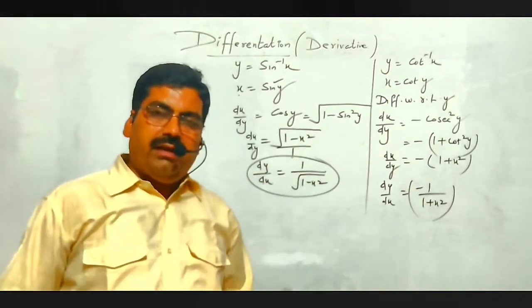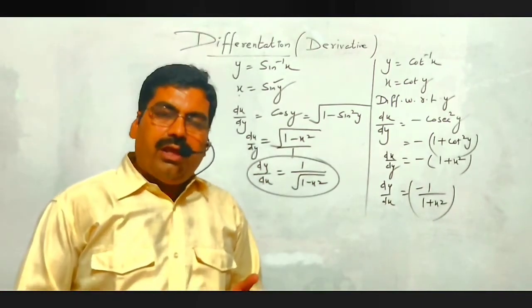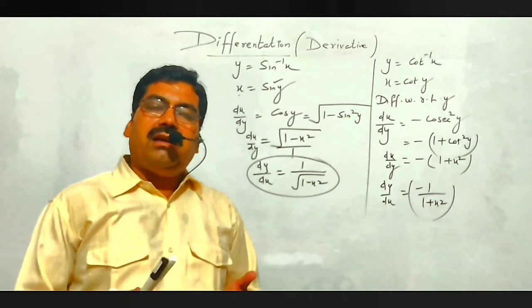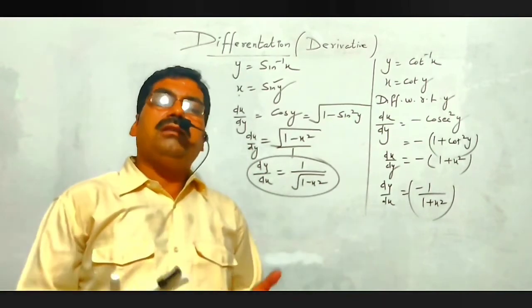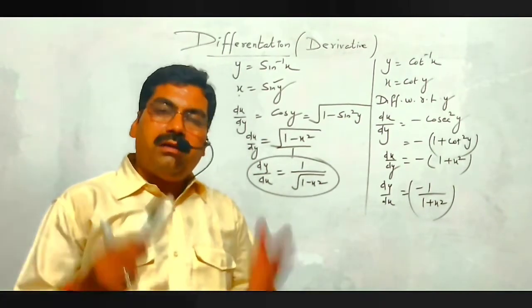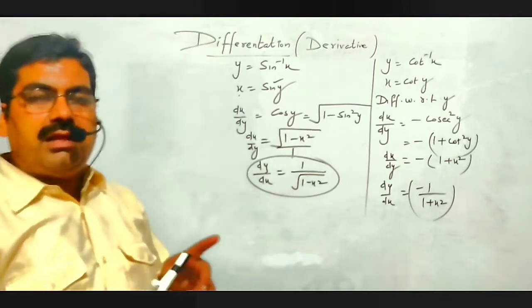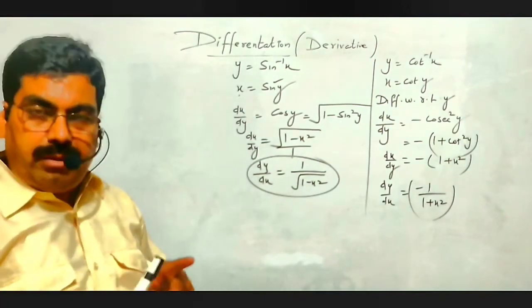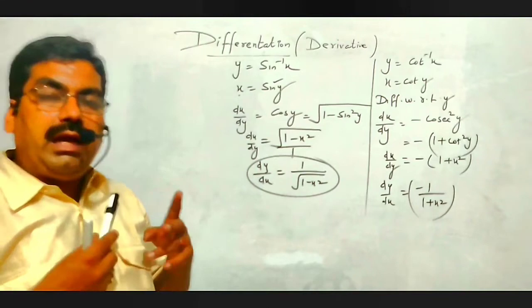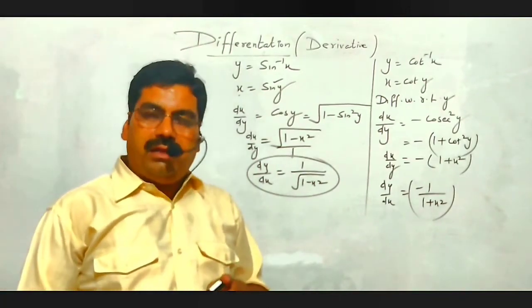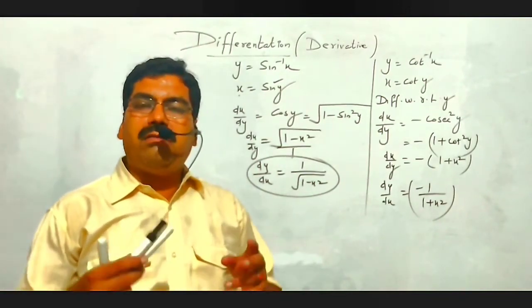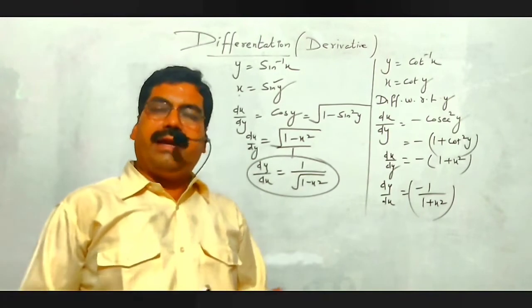Note this point: in trigonometrical ratios, if the ratio starts with c, the answer of the derivative is negative. It means the derivative of cos inverse is negative, the derivative of cotangent inverse is negative, and the derivative of cosecant inverse is also negative.